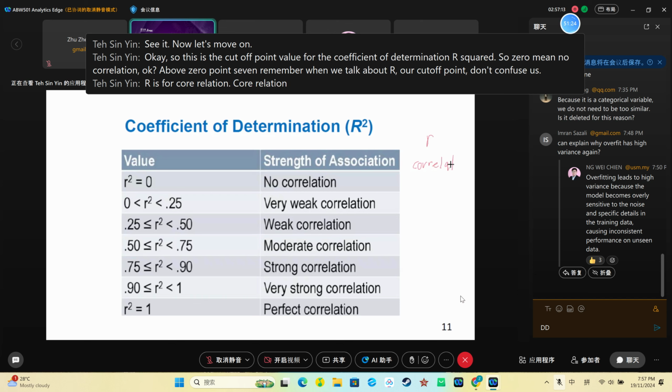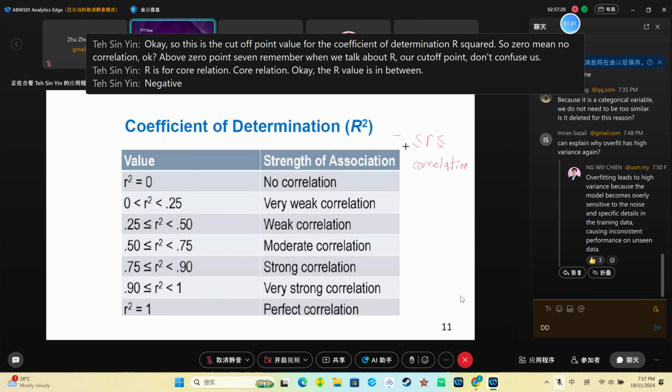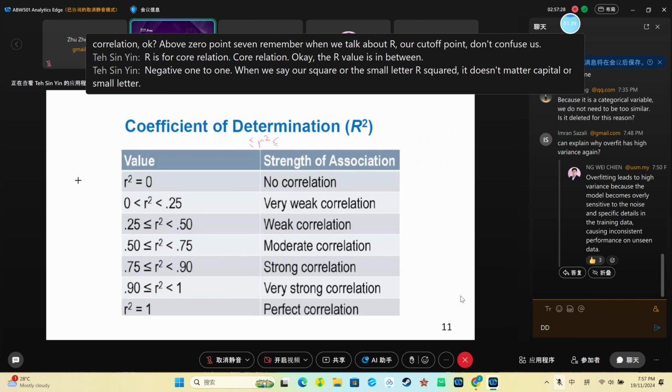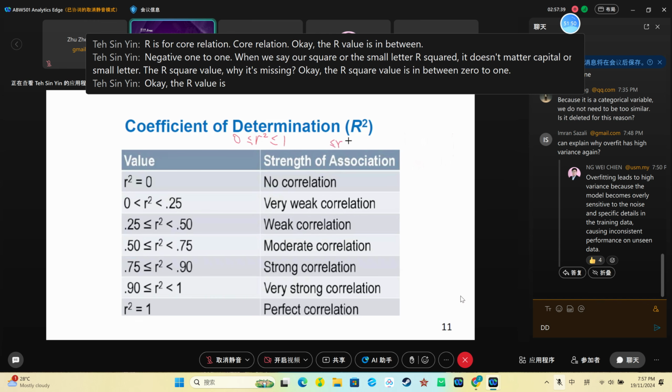The R value is in between -1 to 1. When we say R square, or the small letter r square, it doesn't matter capital or small letter, the R square value is in between 0 to 1. The R value is in between -1 to +1.